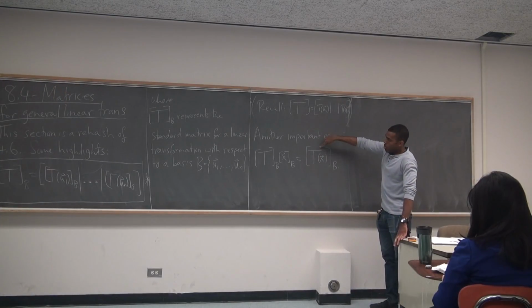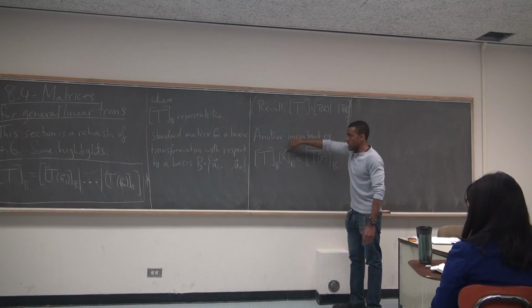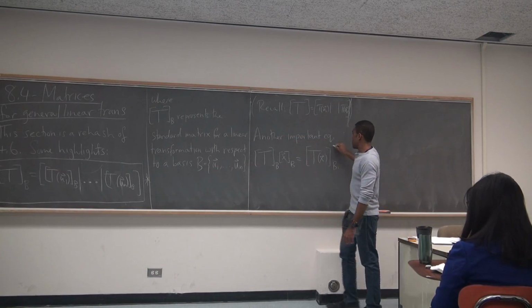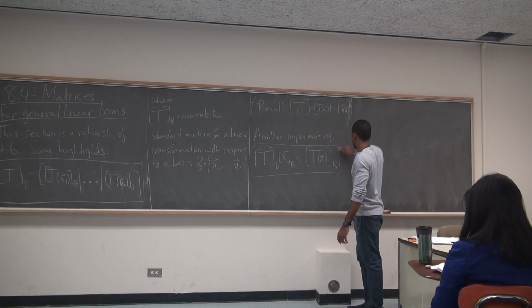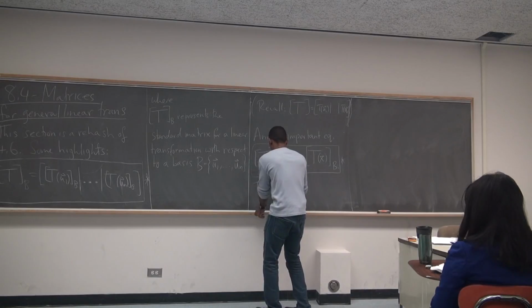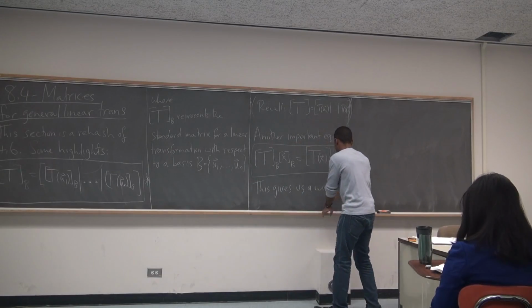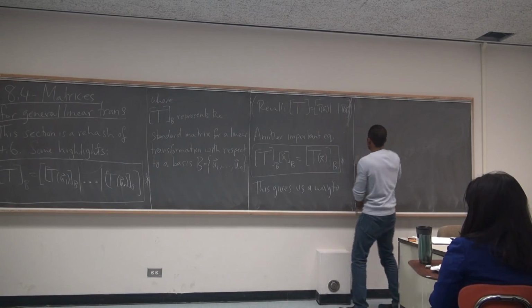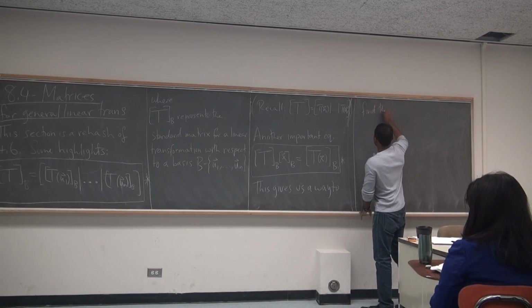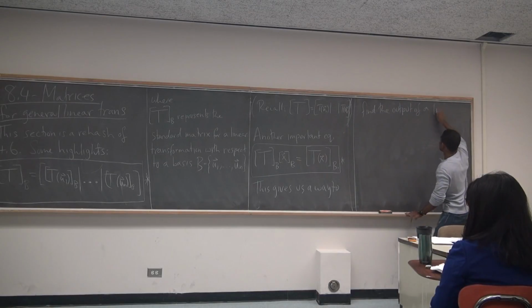You can find the output of a linear transformation in terms of the basis B by using that guy that I defined before and the input in terms of the basis B. This gives us a way to find the output of the transformation.